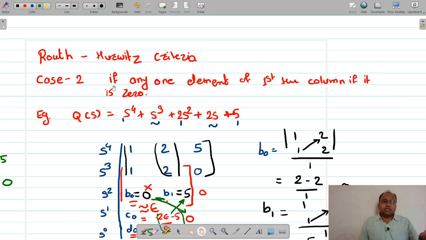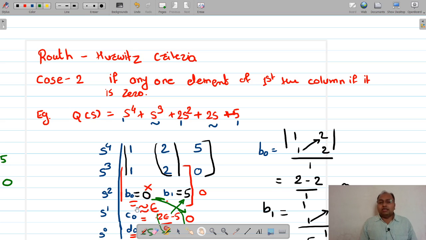In the previous example we were getting all proper values instead of a 0. Nowhere did we get a 0 in the first column of the Routh array, but over here there is a probability of 0 coming at the place of b0, and because of that we couldn't proceed further.